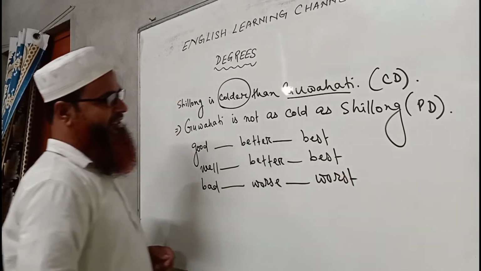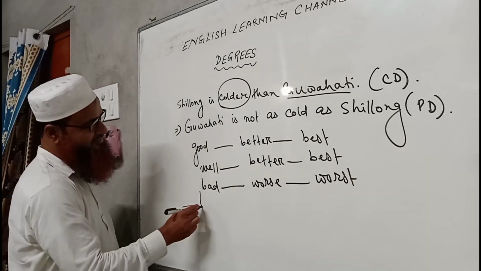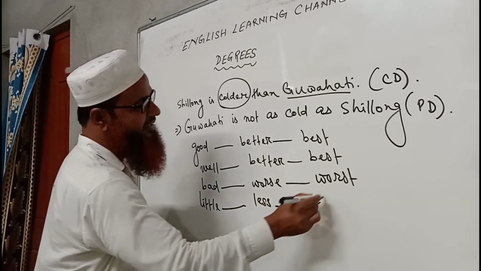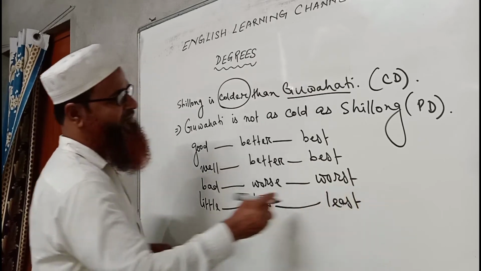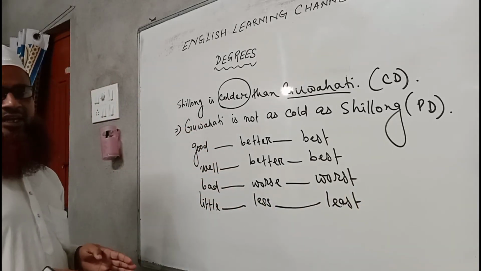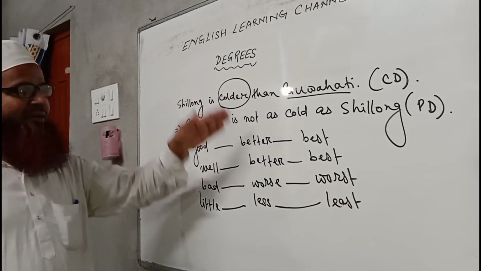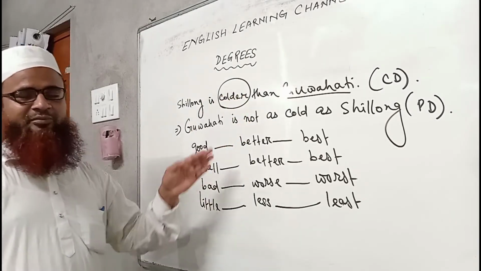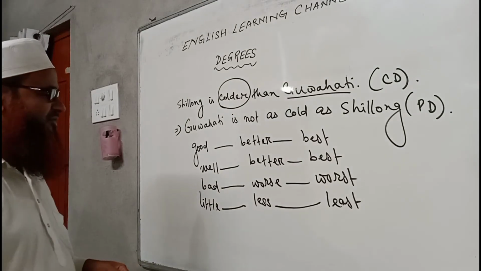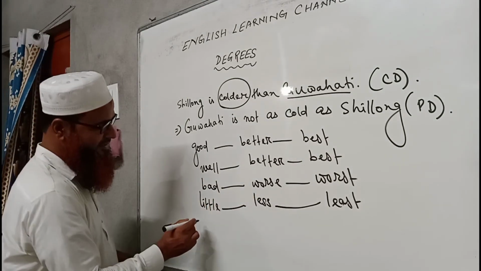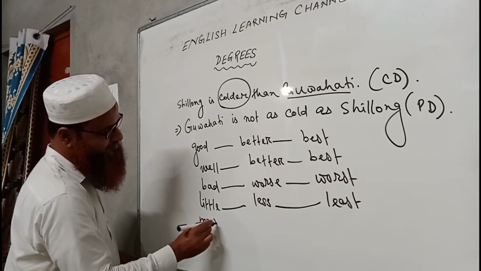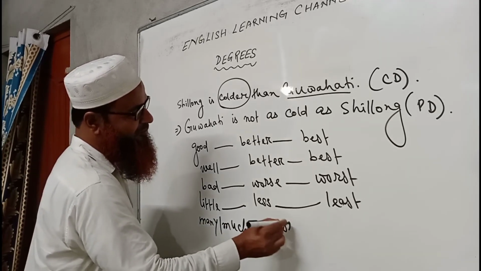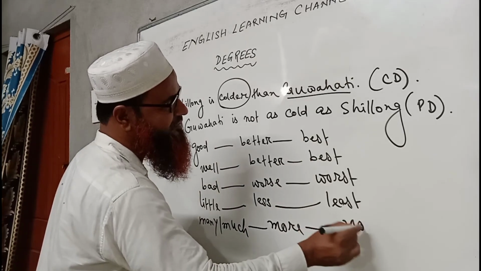Again, you may write little. It becomes little, less, least. These are the independent forms of these words, and they do not abide by the rules that ER or EST should come to make them comparative and superlative. For many and much, we have to write more and most.